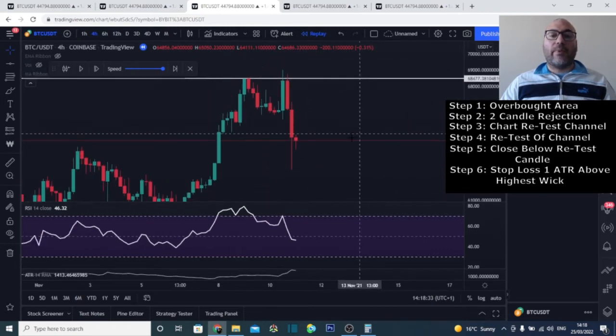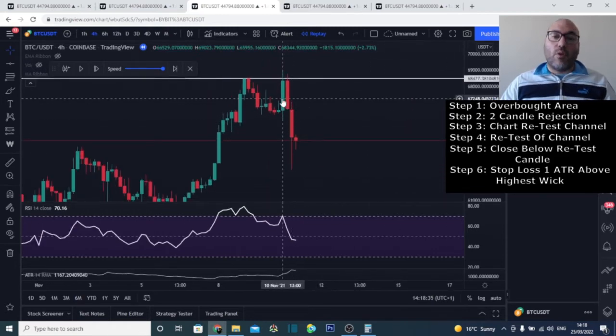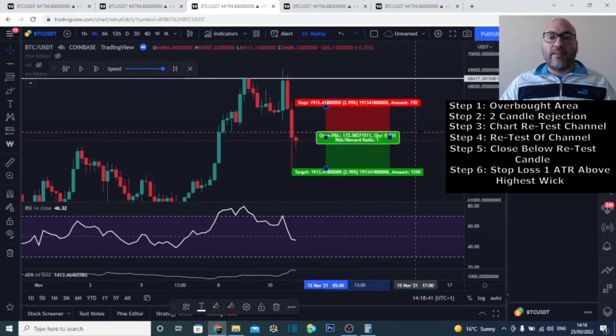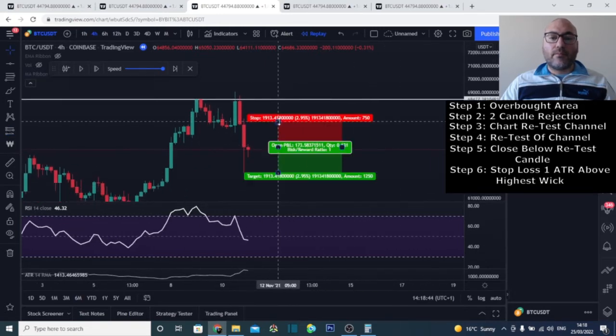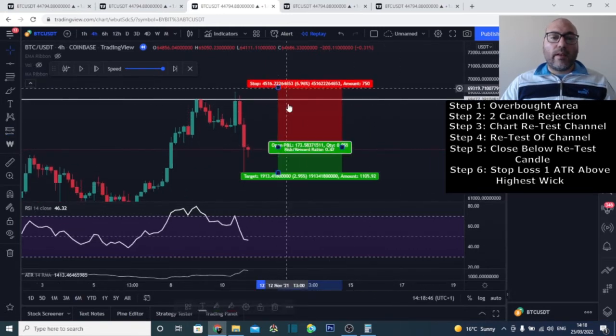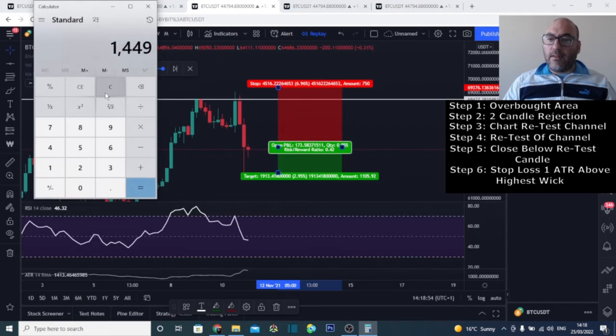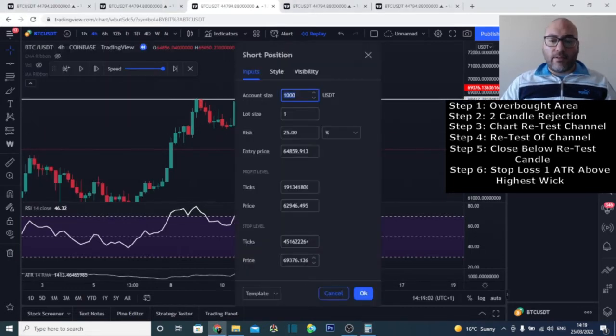So the next step is a close below this candle, which happened here. So we're gonna enter a short trade and one ATR, which is 1449, plus the highest wick, which is 69,023. This is our stop loss.